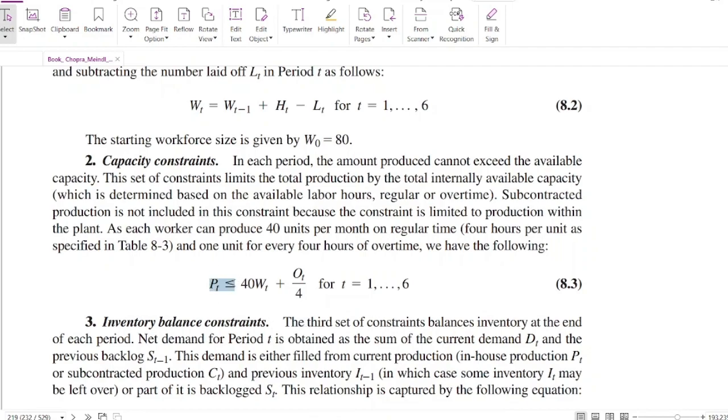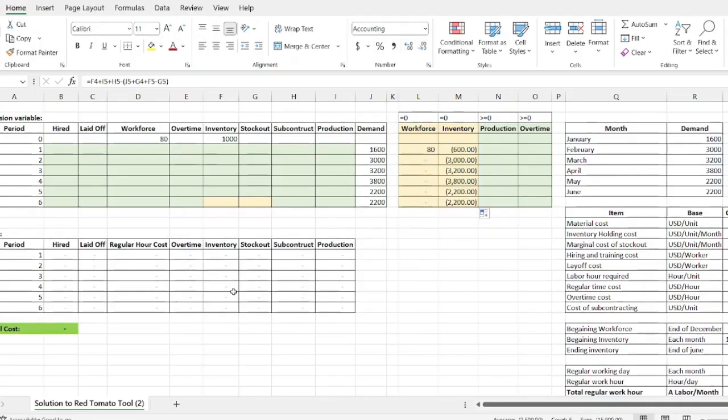This month's production can be the number of products that can be manufactured by one employee, one worker, times the number of employees that are working, plus, if there is any overtime, the number of hours people are working overtime divided by 4, which is required to manufacture one product. So let's do it.